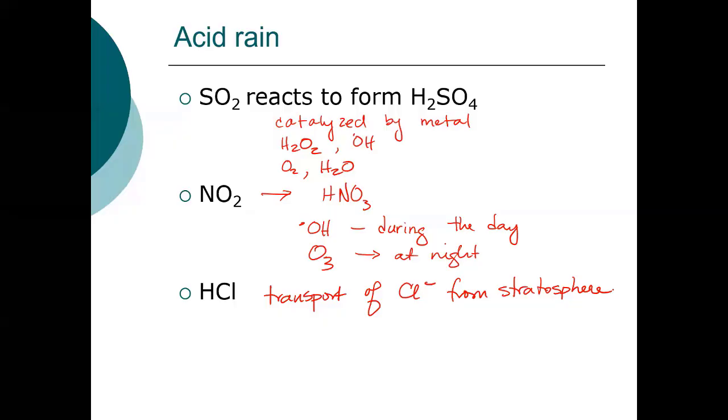They learned that that was not the case, and there actually is transport to the stratosphere. We'll talk about fluorocarbons and how those are transported to the stratosphere, but there's also the transport of chloride from the stratosphere back into the troposphere.